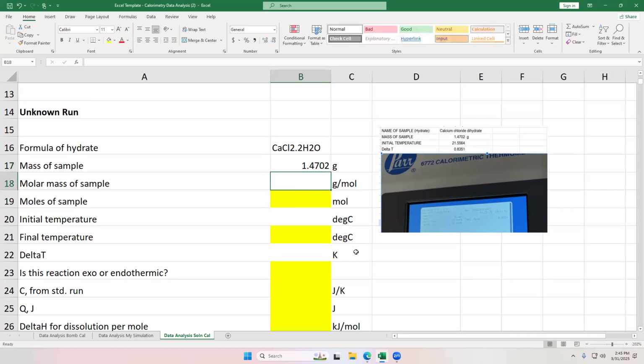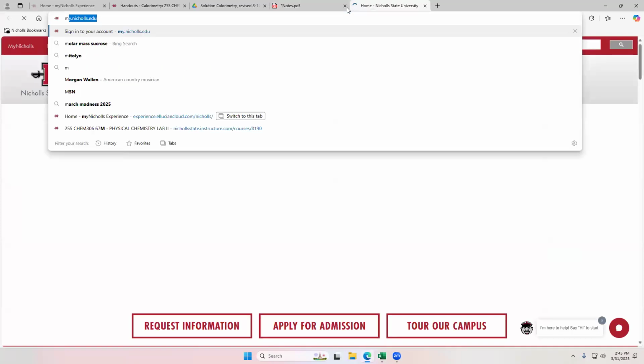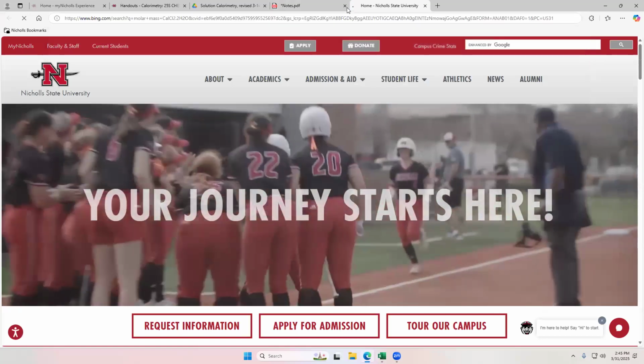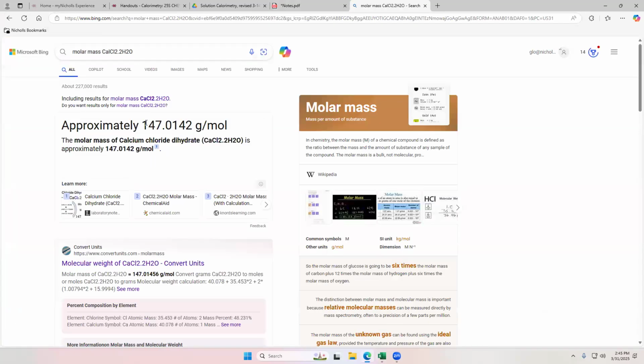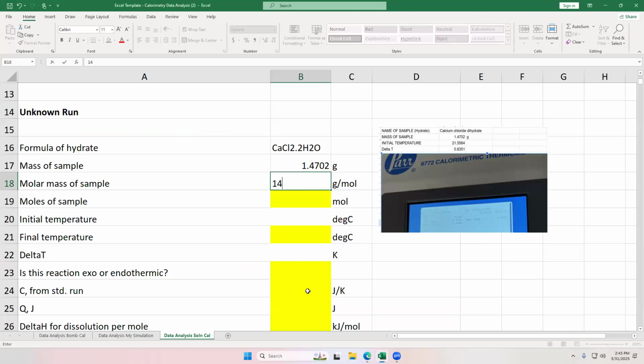And the molar mass of calcium chloride dihydrate, what is it? 147.01. So how do you calculate moles of sample? B17 over B18. Mass divided by molar mass, 0.01.